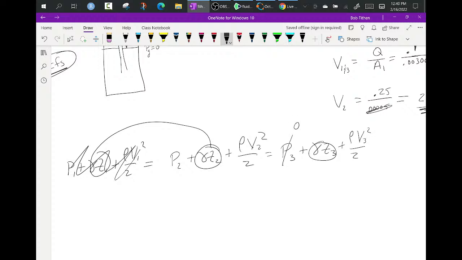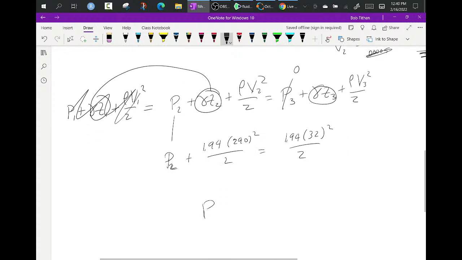Pressure P2 is equal to 62 plus 1.94 times velocity 2 of 290 squared over 2, equal to 1.94 times, I think it was 32 squared over 2.